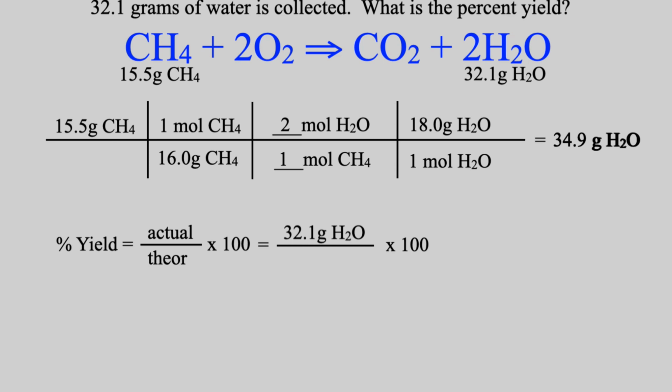Then what is our theoretical yield? And our theoretical yield is 34.9 grams. See how those fit? Then do the math, round to 3 significant digits, and we collected 92% of the water that we should have.